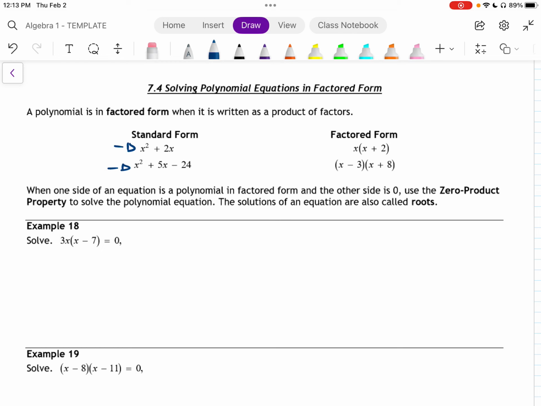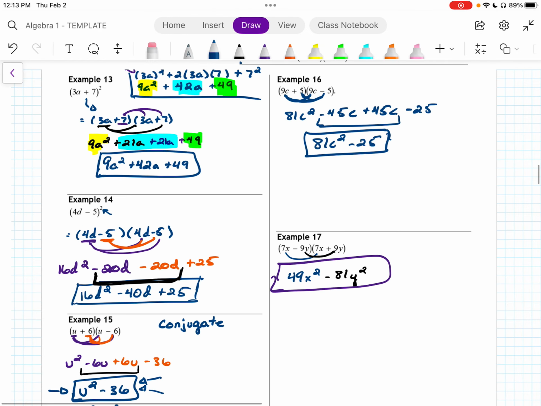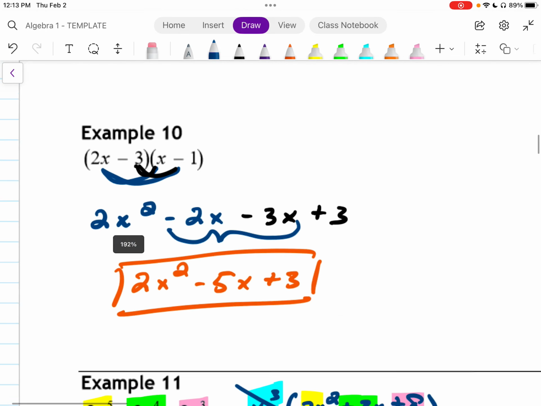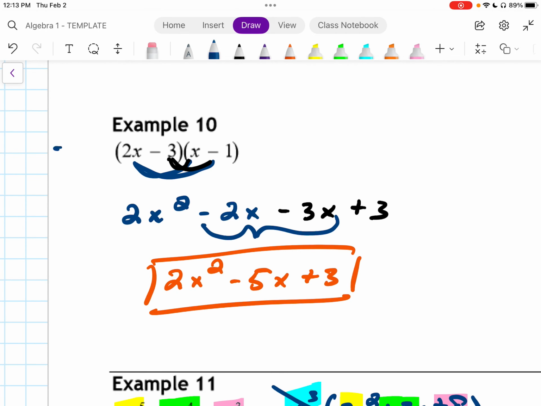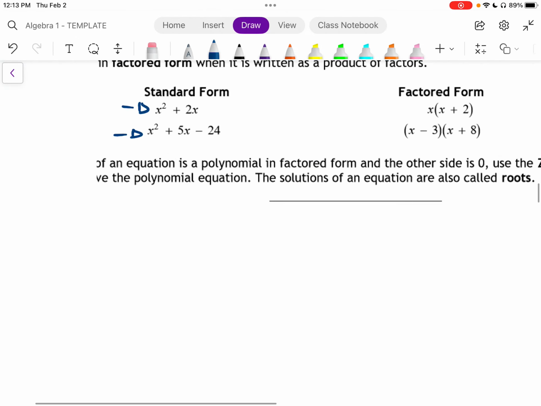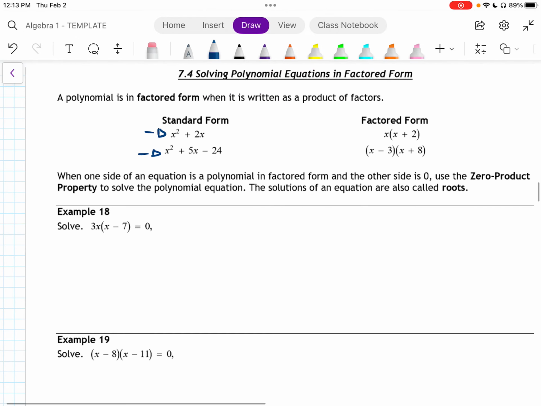Factored form is when it's broken apart into pieces that are multiplied together. So if you look up, let's look at example 10 here. This piece right here would be considered factored form, and this down here would be standard form. Okay, so there's a little bit of a difference there. Going back to where we're supposed to be.